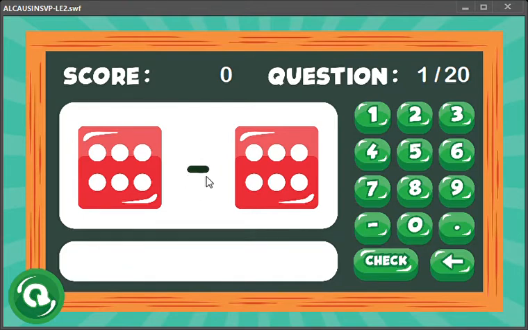There are 4 operators and I created each of them. I did operations for subtraction, addition, multiplication, and division.